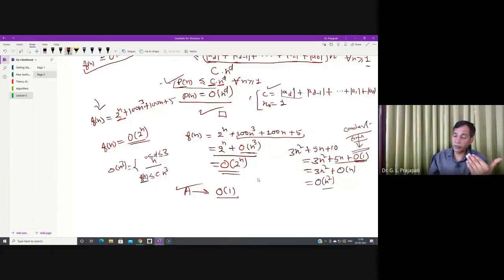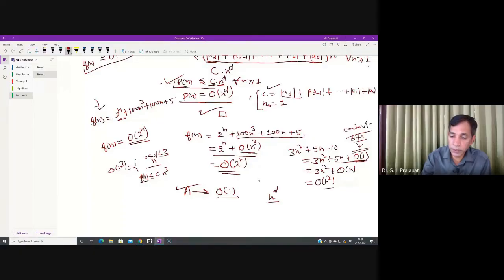So our intuition is to devise the algorithm so that its time should be constant, but it is very difficult to achieve. Most of the time, what we need to say is that we should try to write the algorithm whose behavior is polynomial, n to the power d.